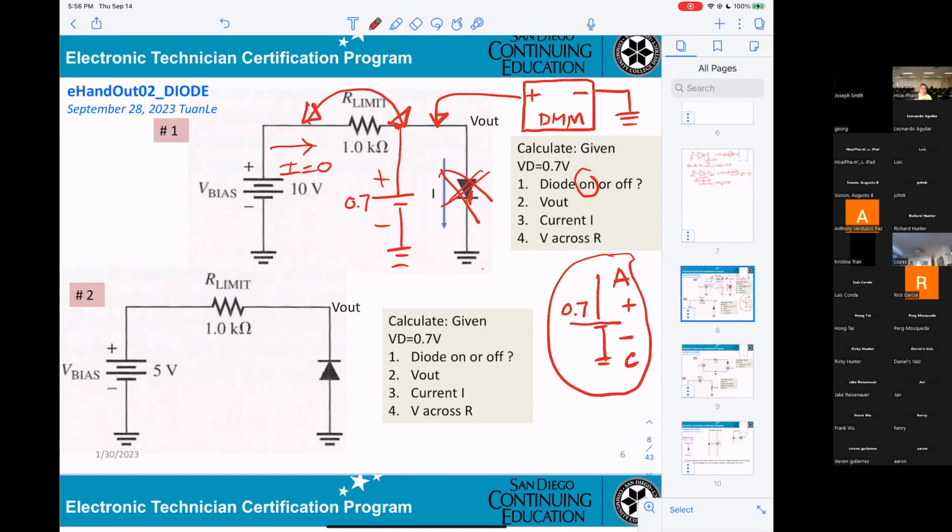Okay, if you don't agree with me, let me know. So basically, you measure the voltage from here to here. Correct? Correct. Okay, now, very simple thing.